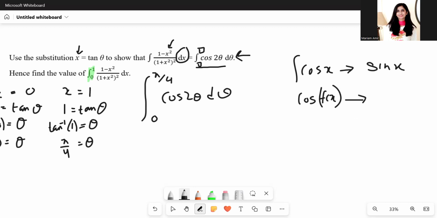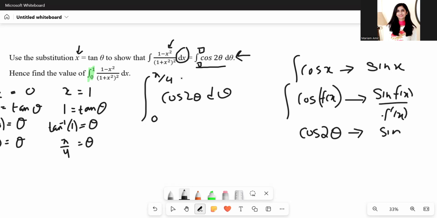So integration of cos f(x) would be sine f(x) over f prime x, the derivative of it. So integration of cos 2 theta will be equal to sine 2 theta upon 2. So we'll write sine 2 theta upon 2 and the limits are pi by 4 and 0.